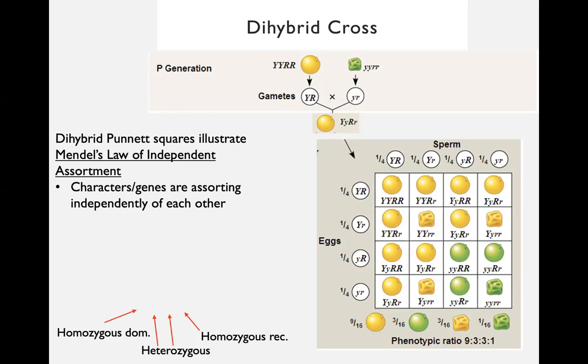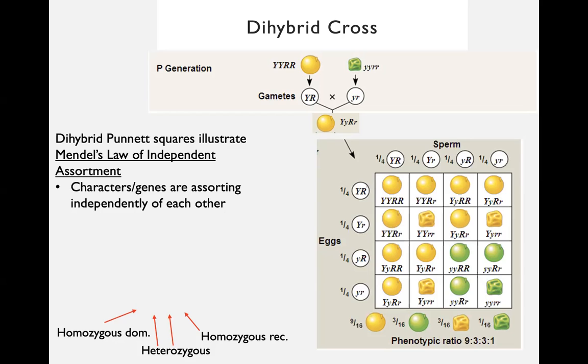So we talked about the law of segregation being the fact that alleles are separating from each other. This is showing that genes are also separating from each other randomly. So that's called the law of independent assortment. In other words, just because a pea is yellow doesn't mean it has to be smooth. It can be yellow and wrinkled as well. So the two characters aren't linked to each other. That's what the law of independent assortment shows.